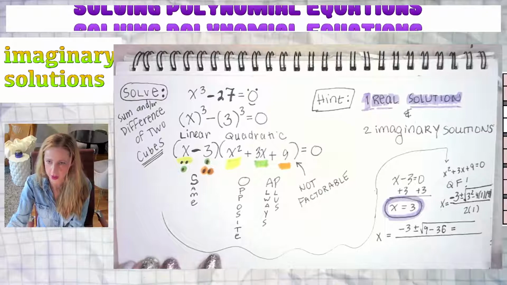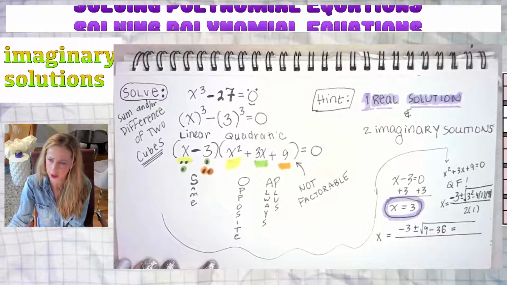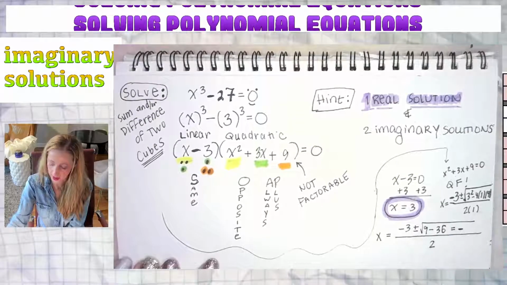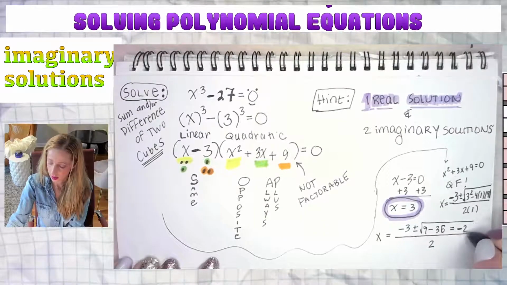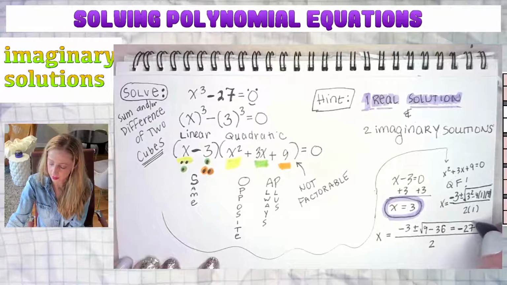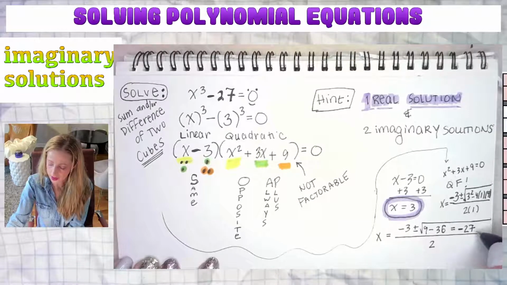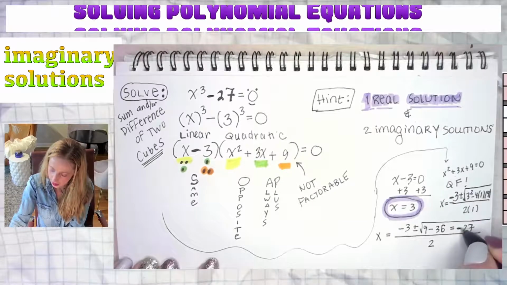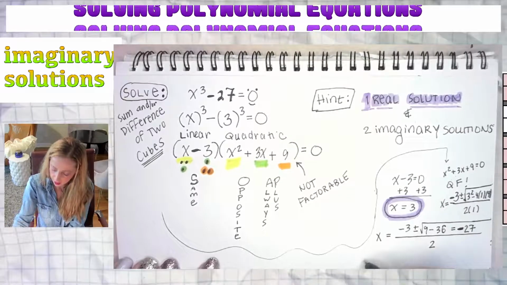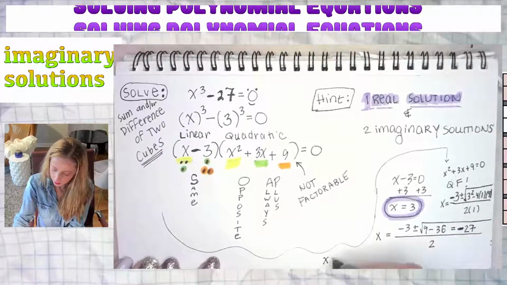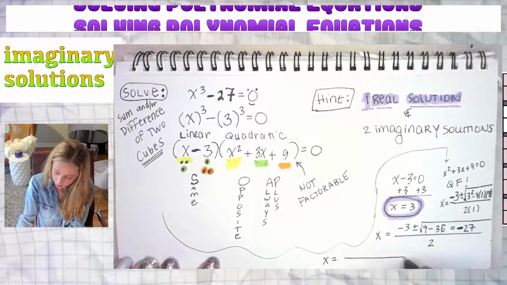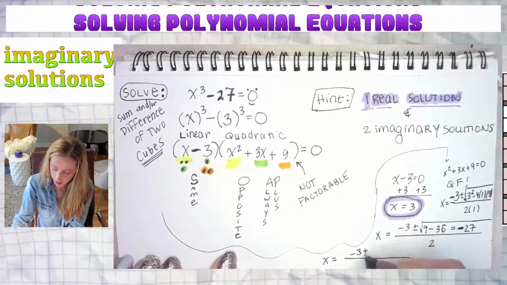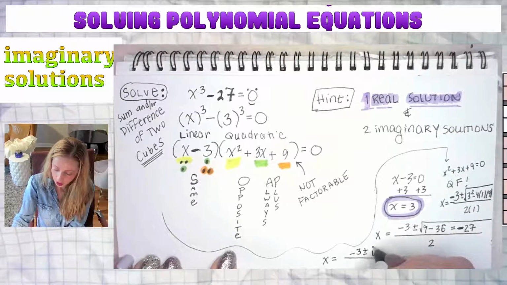I'm just going to squeeze it underneath here. 9 minus 36 is negative 27. And negative 27, that's going to be 3 times 3 times 3. But Hashara told us what that negative means. What does that negative mean? It means i for imaginary. You're absolutely correct.